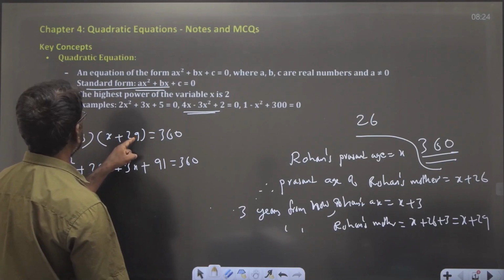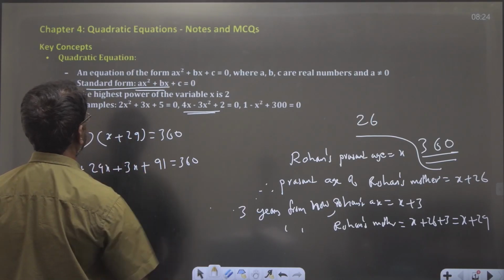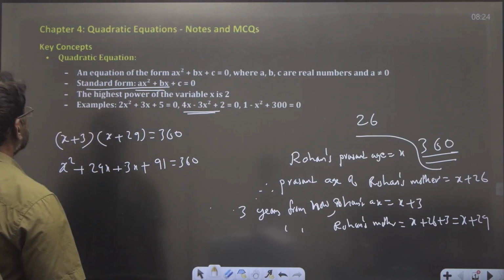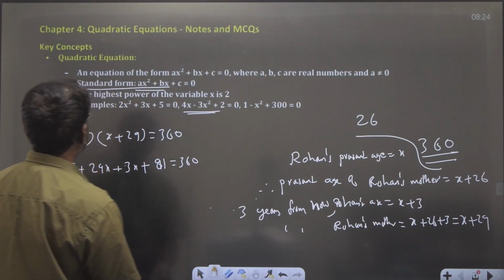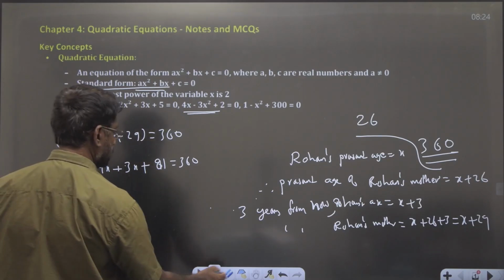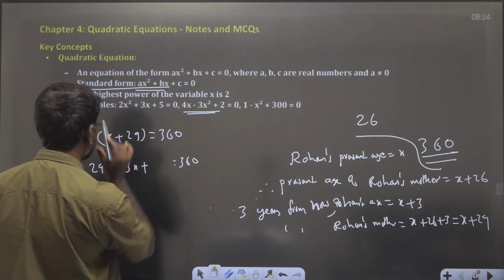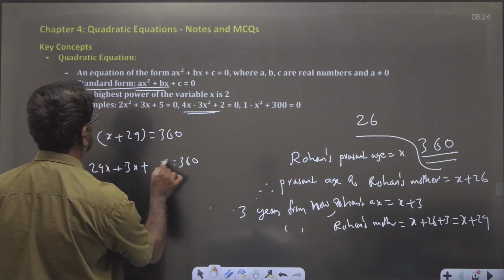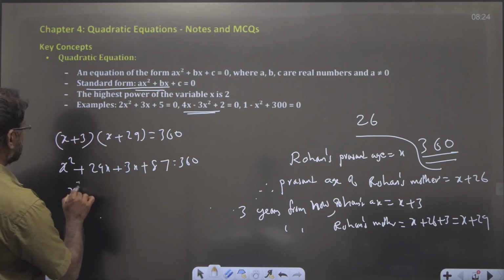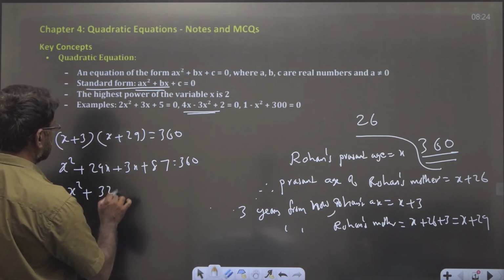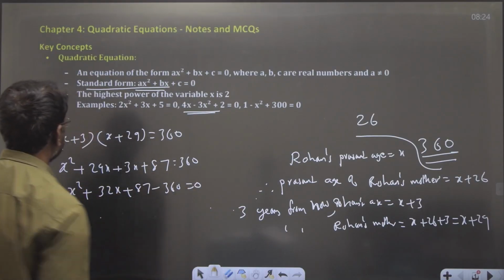So that is x square plus 32x plus 87 minus 360 equal to 0.